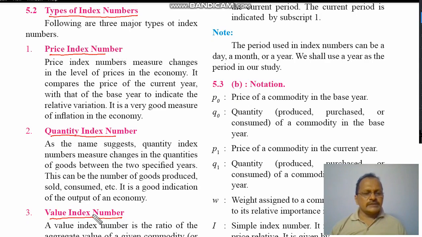And value index number deals with the value of the commodity. Now, this price index number measures changes in level of prices in the economy. It compares the price of the current year with that of the base year to indicate the relative variation. It is a very good measure of inflation in the economy.